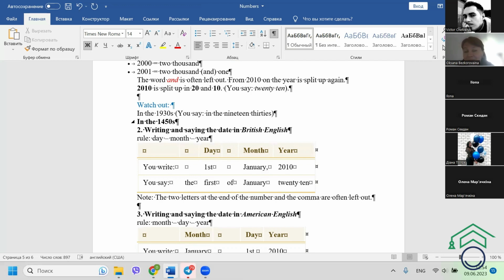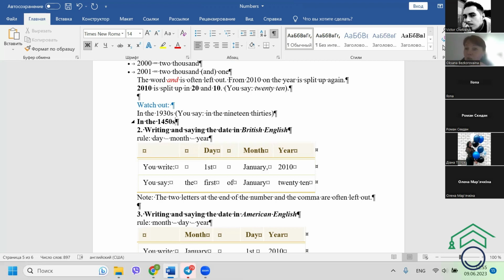In the 1970s. Yes, you're right, in the 1970s. We use plural form because the event we are supposedly talking about could happen in 1971, 1972, 1973, so many years, багато років, тому ми позначаємо це множиною.